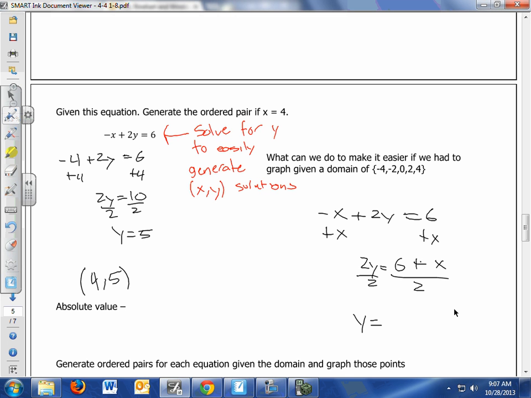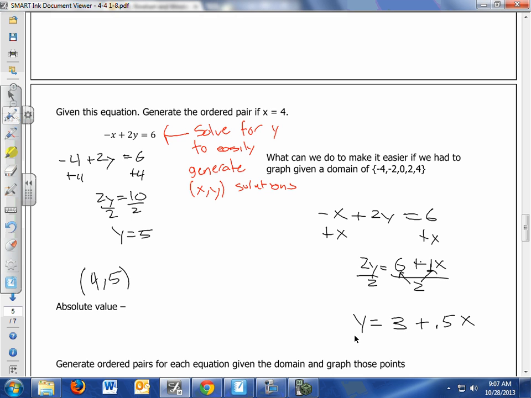However, we're going to do one extra step now. We are going to divide both of these pieces by this 2, and I'm going to split it up into 2 different terms. So 6 divided by 2, I know is 3, plus x divided by 2. Well, I know that's 1x divided by 2. 1 divided by 2 is just 0.5 times x, or 1/2 times x.